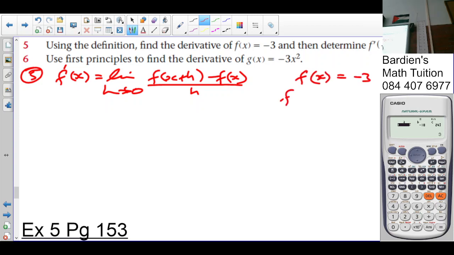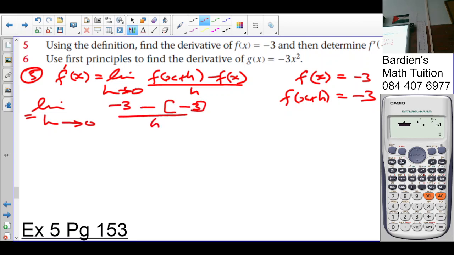Minus 3. What is f of x plus h? Minus 3. Can you see that, people? Both are minus 3. There's no x in that equation. So we go the limit as h approaches 0 of f of x plus h, which is minus 3, minus f of x, which is minus 3, all over h.